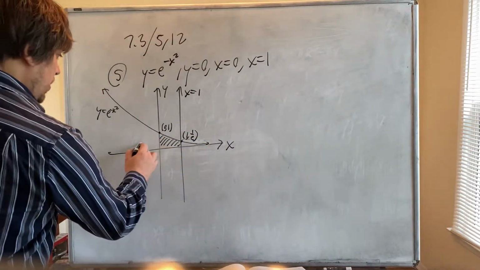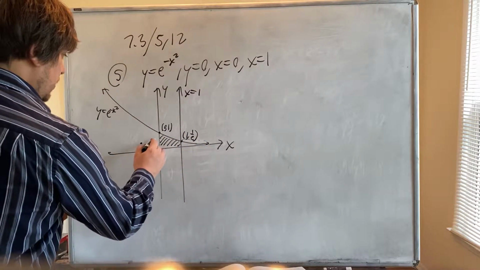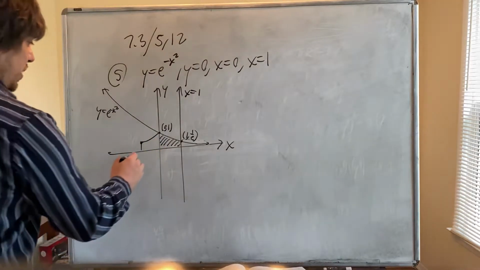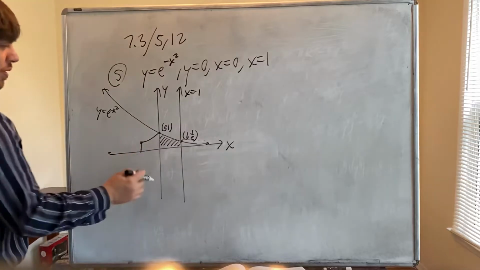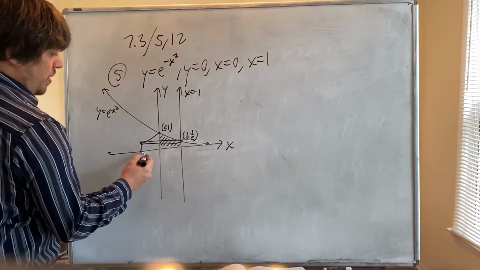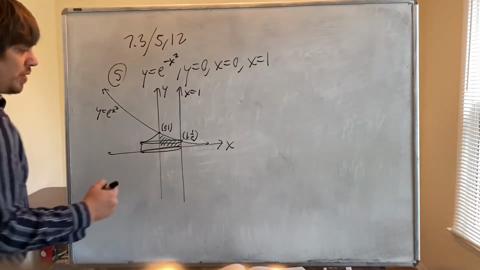Okay, so now take the mirror image of these things. Okay, so now let's rotate it. There we go. Rotate it here. So that's our 3-dimensional object.